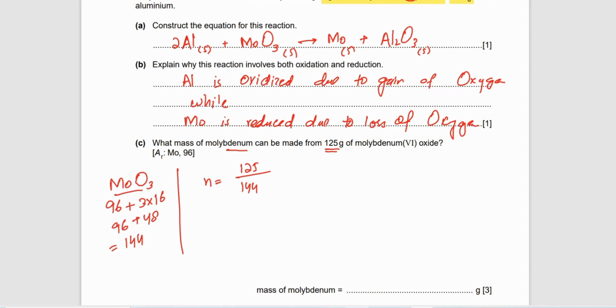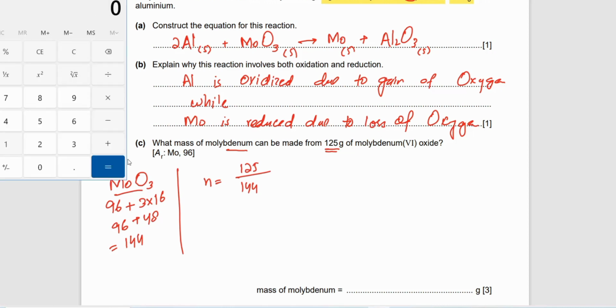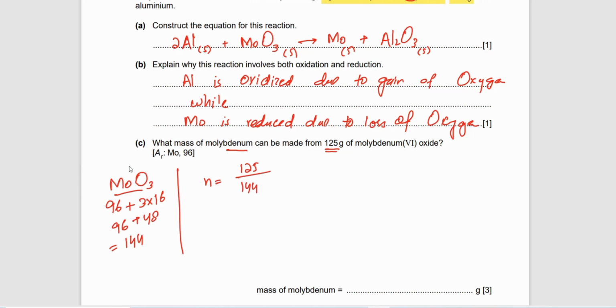125 divided by 144, 0.868. So the number of moles of molybdenum oxide to molybdenum ratio: 1 mole of this will form 1 mole of molybdenum, and 0.868 mole of this will form the same moles.